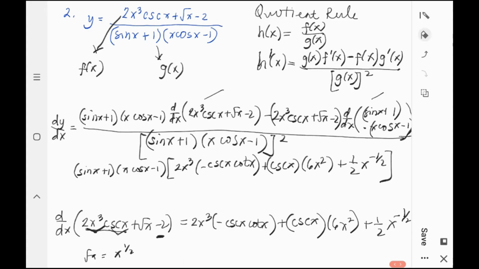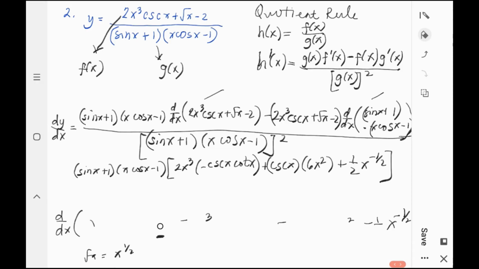Okay, so let's erase this portion so that we have some space for the other derivative.